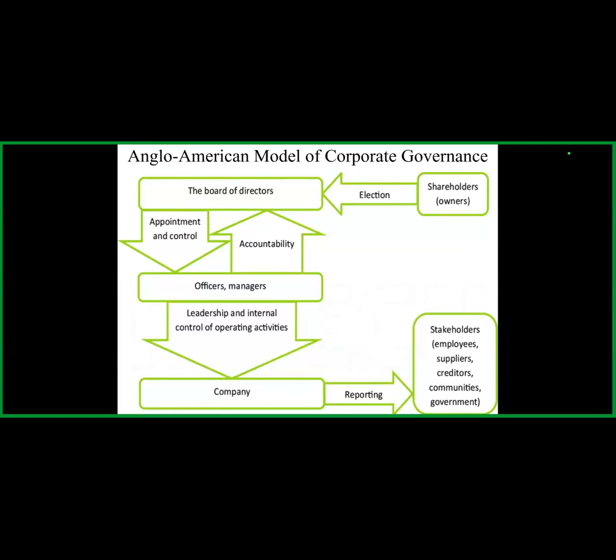Now, who elects the board of directors? Of course, the board of directors is considered the highest authority. Who elects them? Because board of directors are not called the owners of the organization. Owners are different.